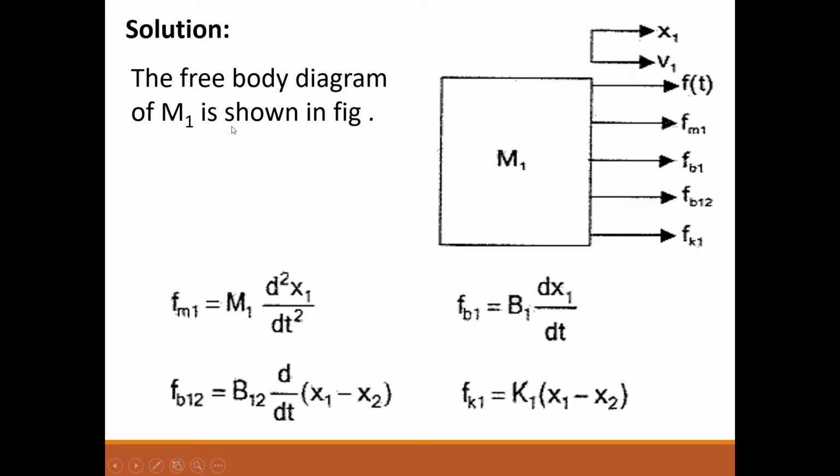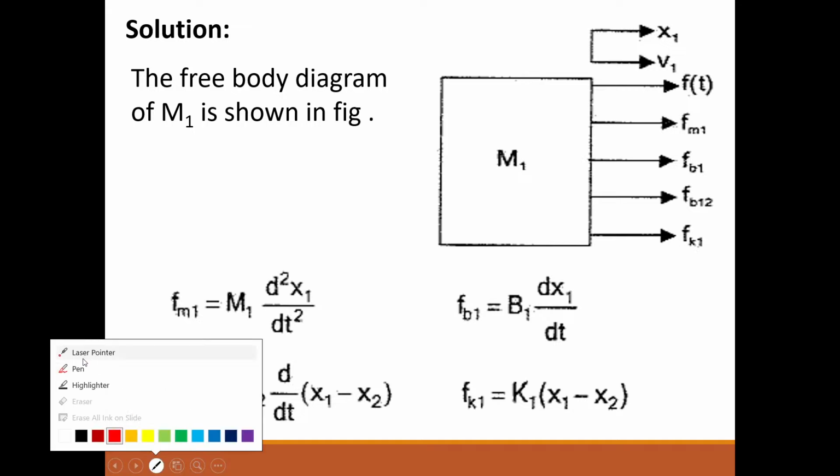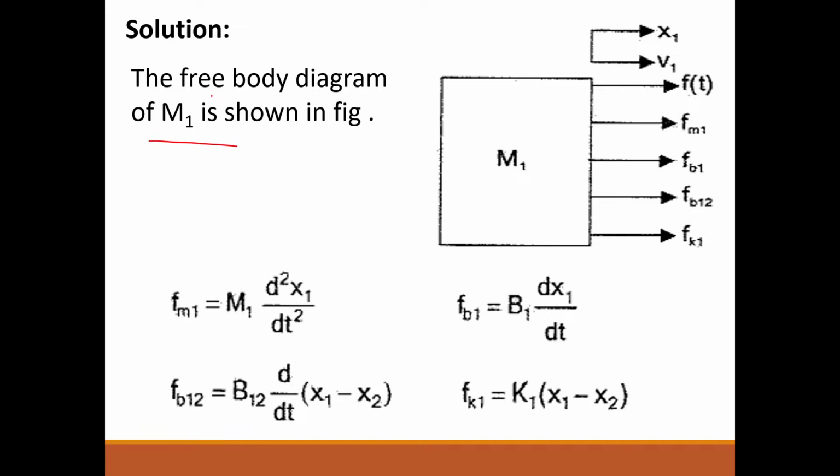Free body diagram of mass m1. So this is m1. In your diagram, if you have drawn it in your notes, you can see at m1 the applied force is there. Fm1 is the force due to mass m1.